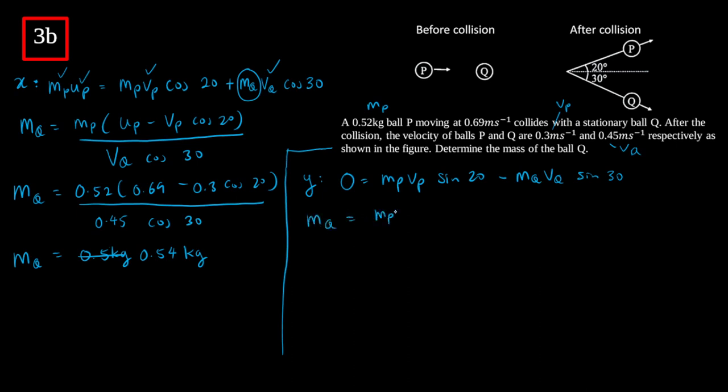That will give me mp vp sine 20 over vq sine 30. I'll substitute the values at this point.